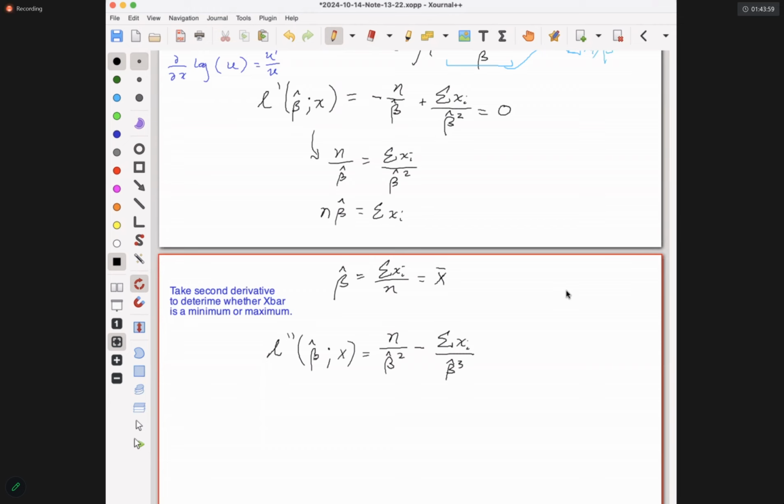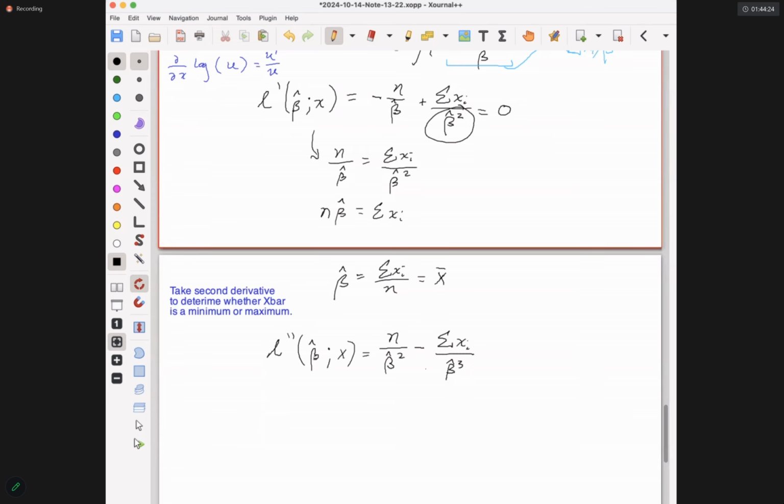A 3, yes. Because this was a squared in the denominator, so this was the sum of xi's times beta hat to the negative 2.